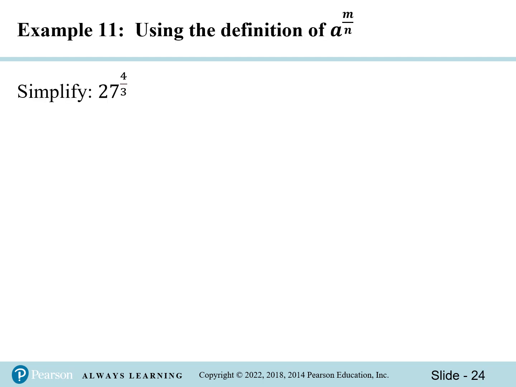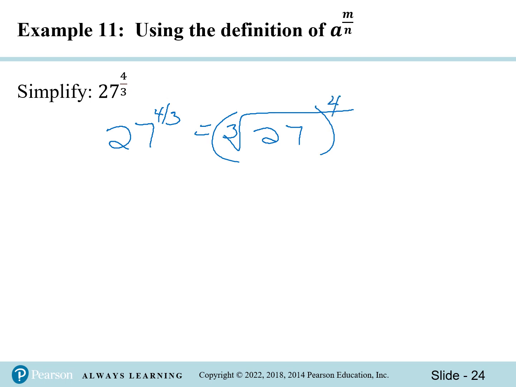27 to the 4/3 power. You can put that in your calculator, but let's see how to do it by hand. What we're going to do is rewrite this in radical notation. So the number on the bottom is the index, and the number on the top is the power. Put the power on the outside, even though you can put it on the inside.